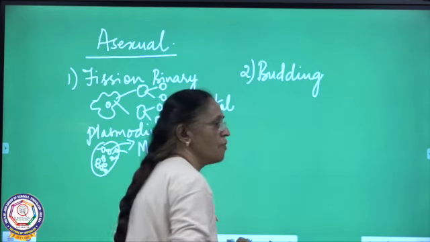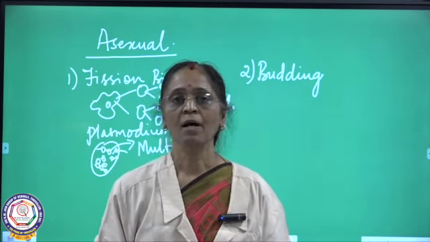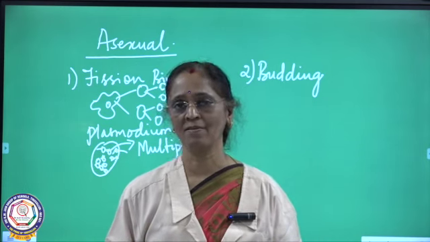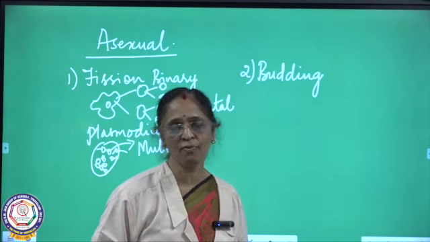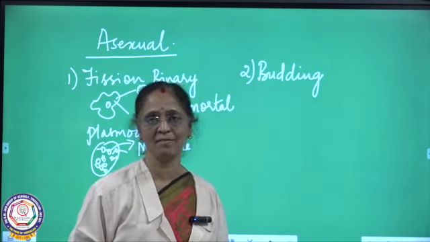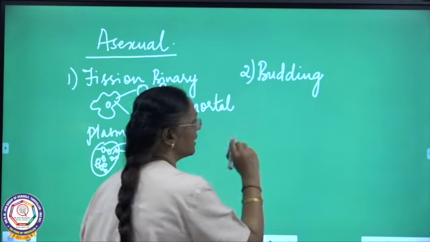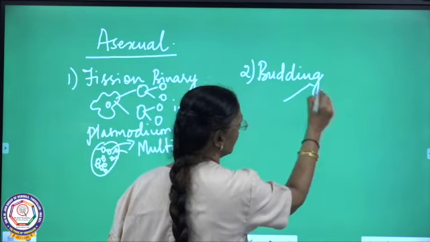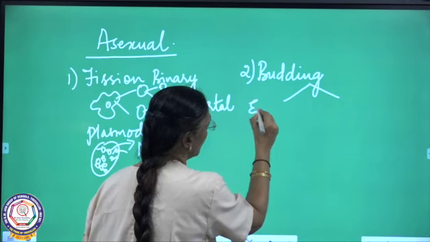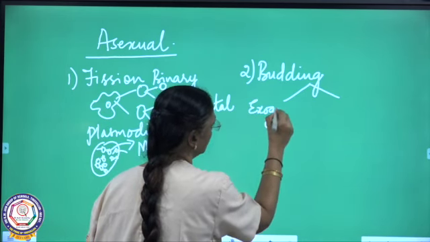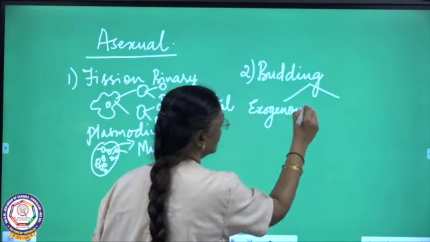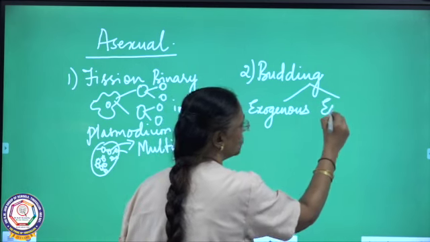The second kind of asexual reproduction is budding. That is, from the parent body, a small outgrowth arises, detaches from the parent and leads a life. In budding, there are two types: one is called exogenous budding, the other endogenous.